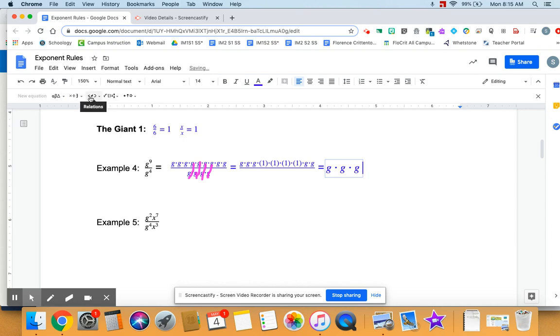All the 1s don't even need to be there. And then times g times g. Because when you multiply by 1, it just becomes the same thing. So we don't even have to think about them. So then if I were to combine these together now, that becomes g to the power of 5, because there are 5 g's being multiplied together.